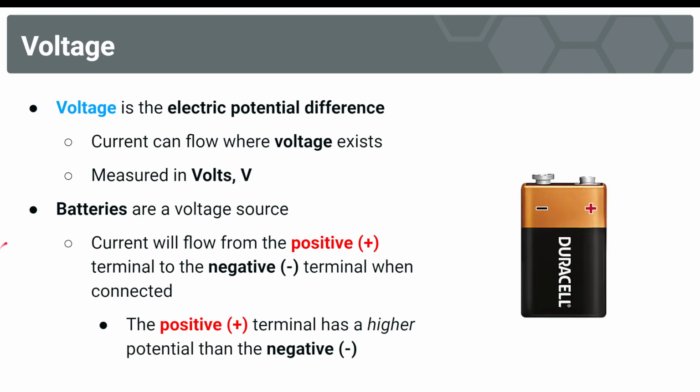Batteries are an example of a voltage source. There is a difference in electric potential between the 2 terminals of the battery. We have one terminal, the positive terminal, and one terminal, the negative terminal. And when these 2 terminals are connected, current will flow. Why? Because the positive terminal has a higher potential than the negative terminal.